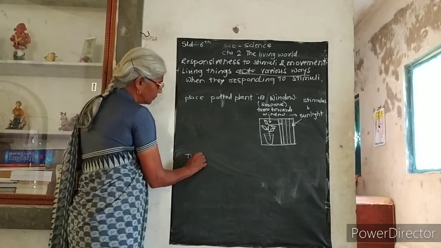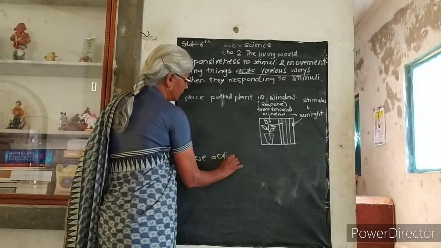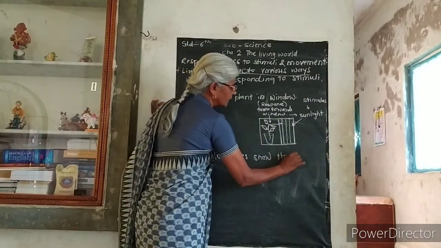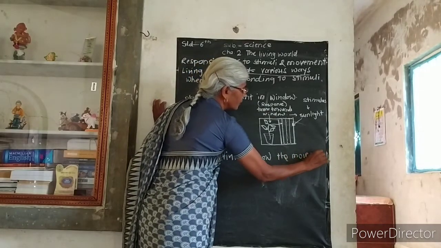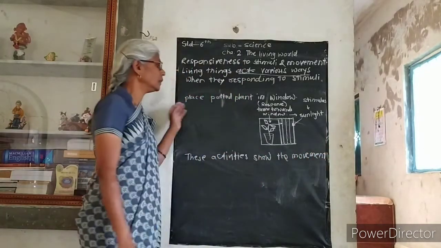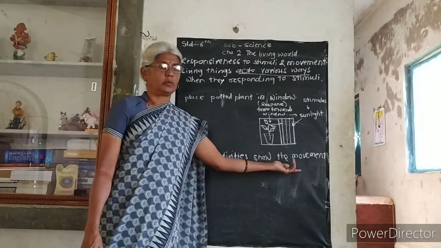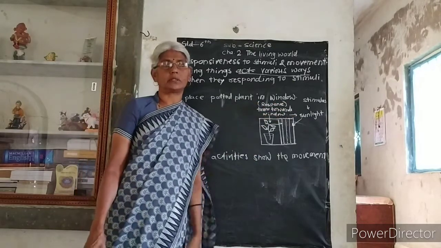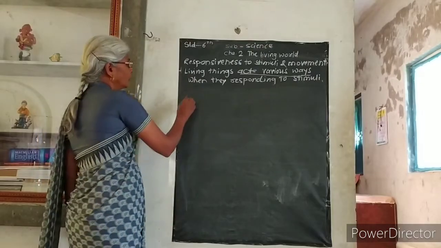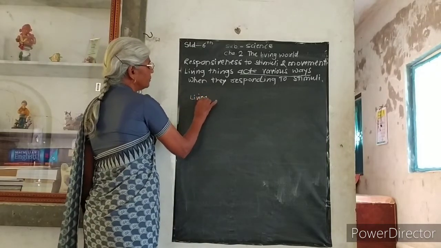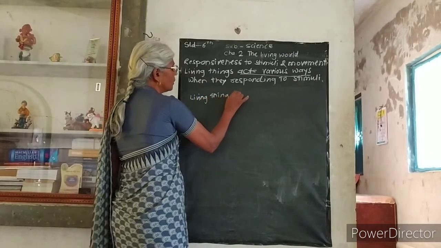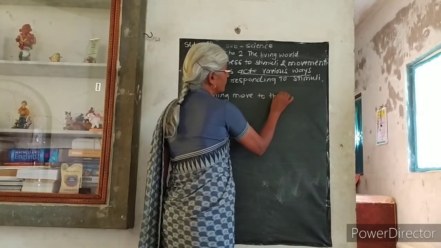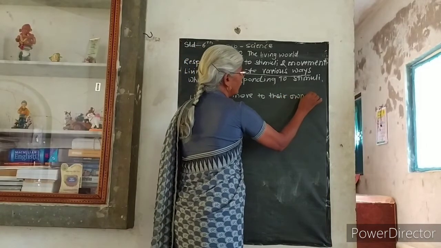About these activities, they show movements, which means the plants are also doing some movements to respond to the stimulus. From this, living things move of their own accord.